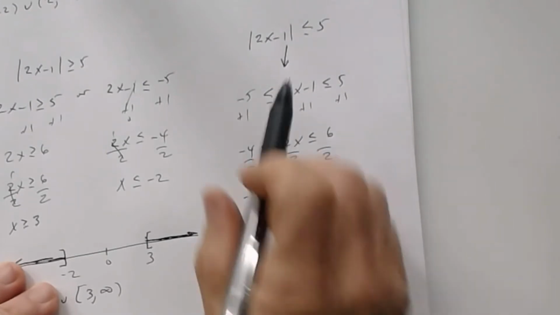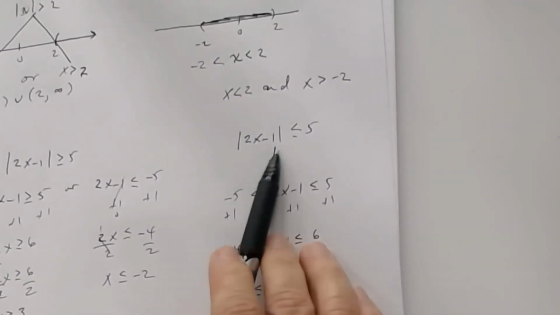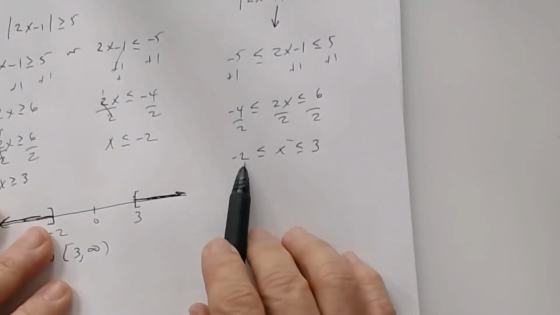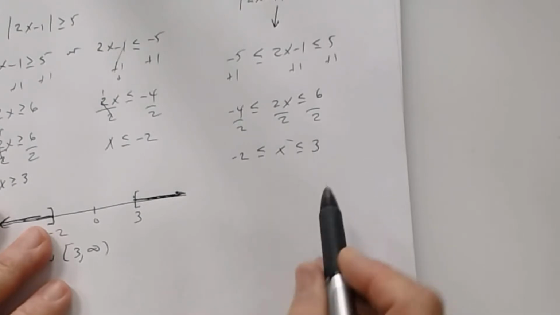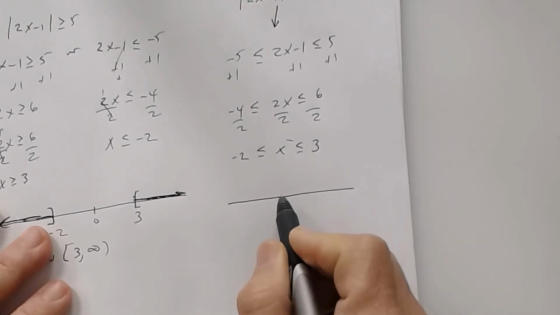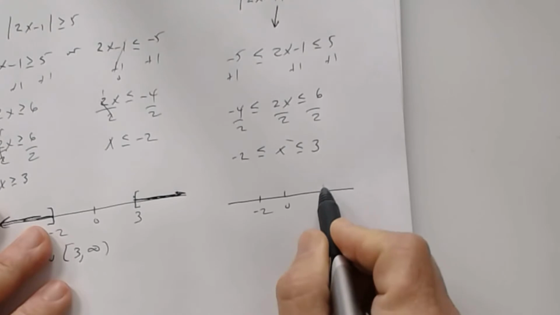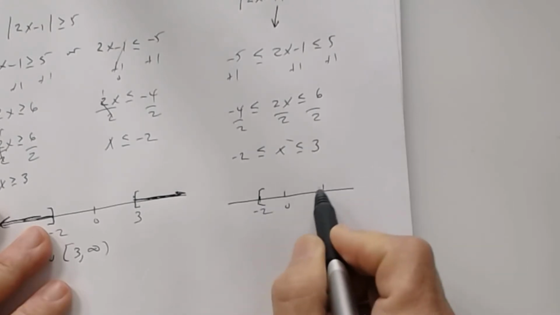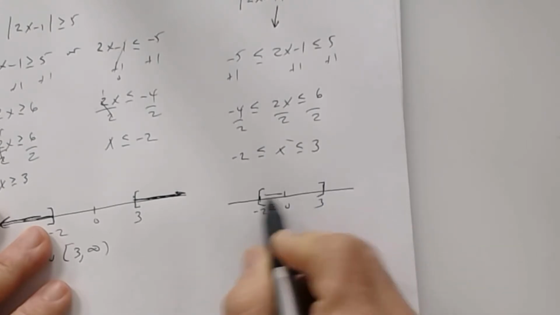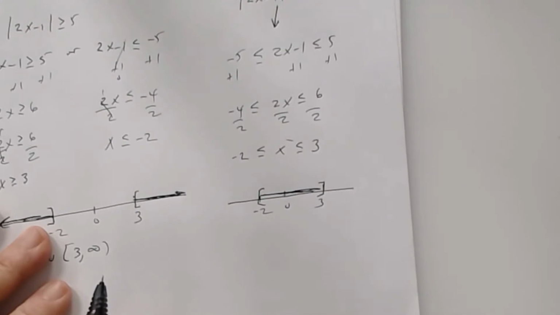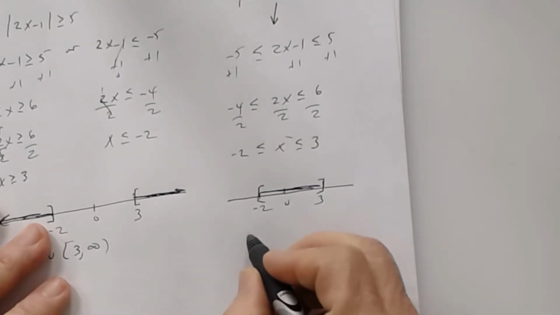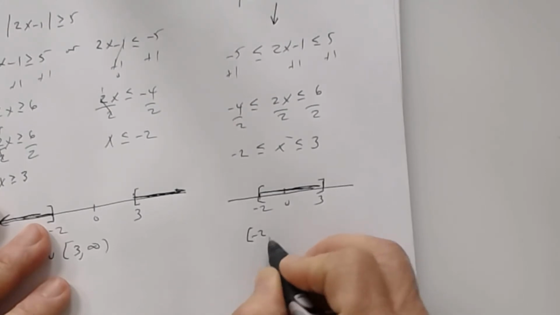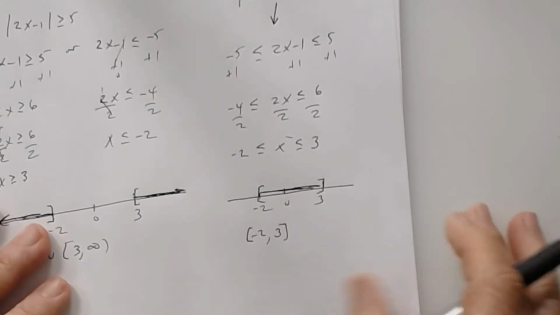So the solutions to this absolute value inequality would be any number between negative 2 and 3, meaning this. Closed circle, bracket on both. That right there. As an interval notation, it would be bracket negative 2 comma 3 bracket.